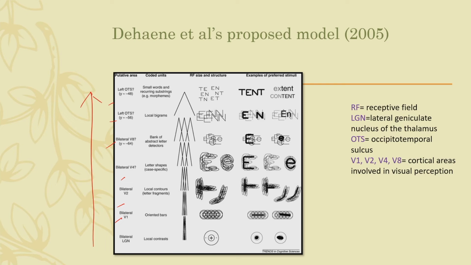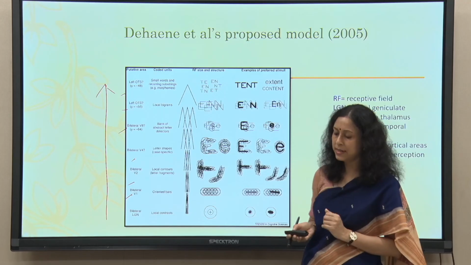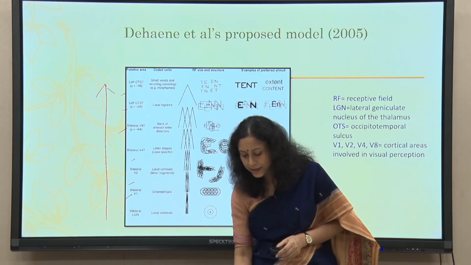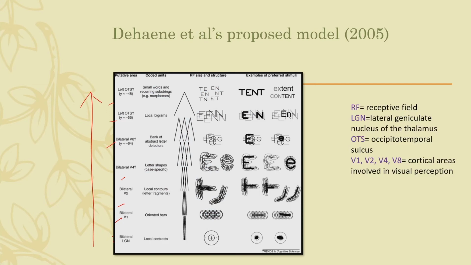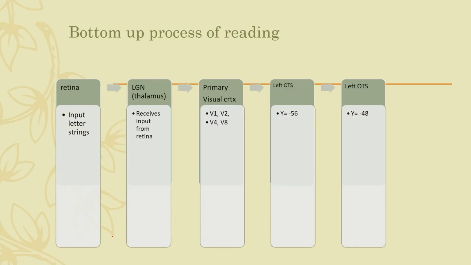So, this is the pathway through which reading happens, and at every level there is a different process that takes place, different organization of various inputs and so on.